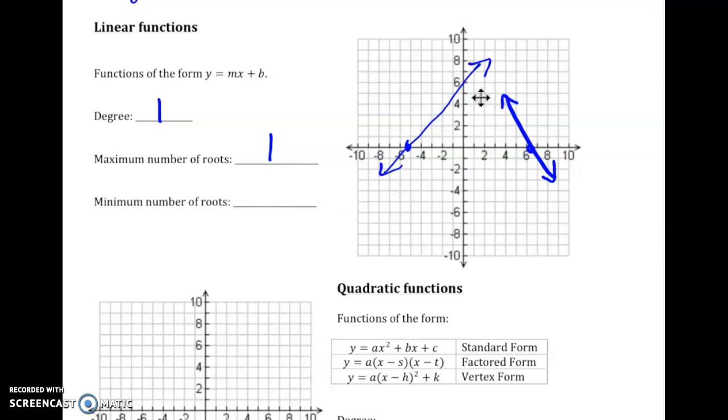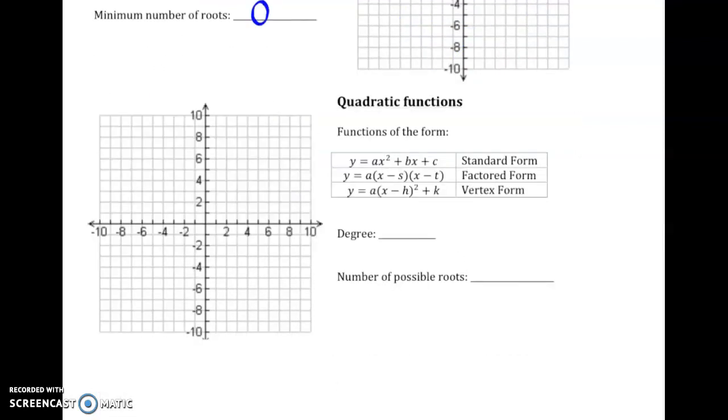Minimum number of roots, if we think about a horizontal line that does pass the vertical line test, so it is a function, it has 0 roots because it would never cross the x-axis. So there's a maximum of 1, which happens to be the degree of the function, and a minimum of 0.